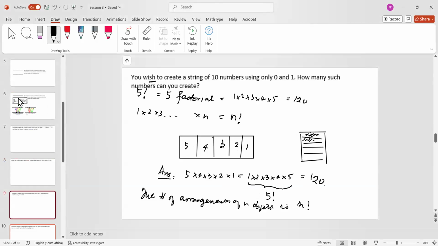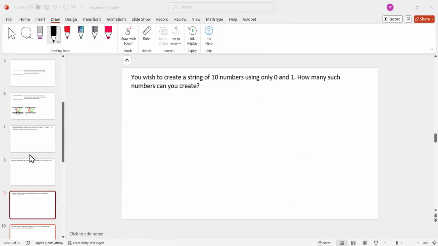Okay, so as I told you, most of these problems are about counting. Now, the next problem is you wish to create a string of 10 numbers using only 0 and 1.